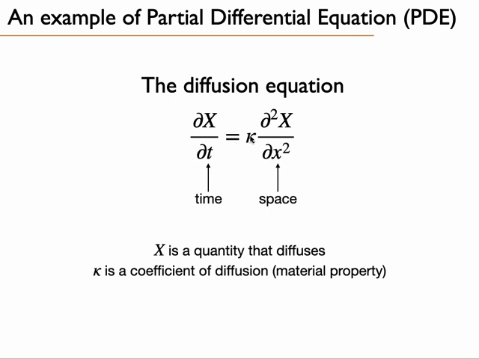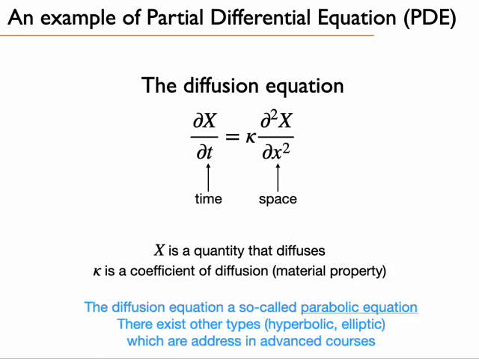And this is equal to kappa times d²x over dx², the second derivative in space of the quantity x, or the field that represents the quantity x. So t is time and x is space. We have two dimensions along which we take the derivative of a function. That's really a partial differential equation.